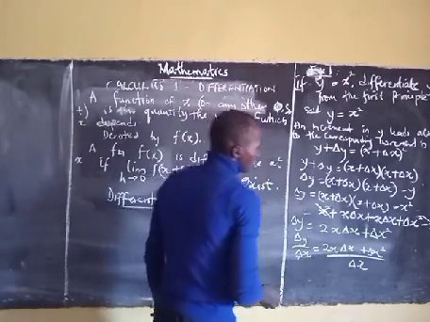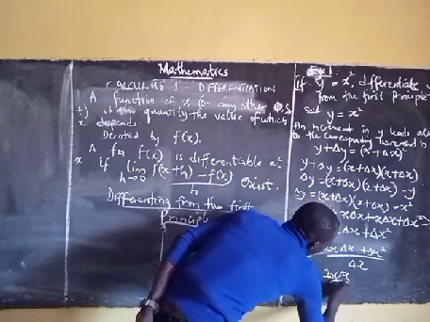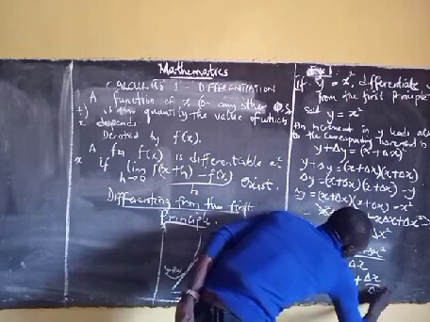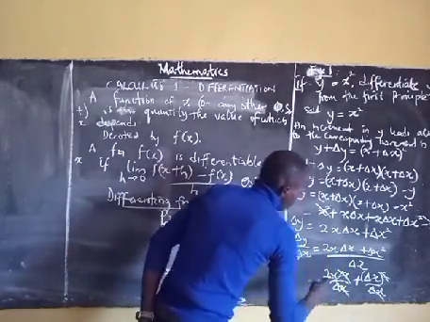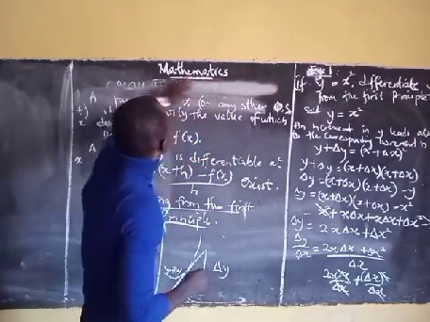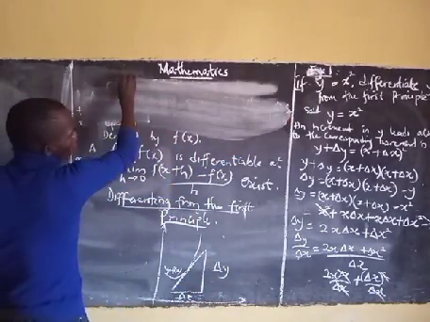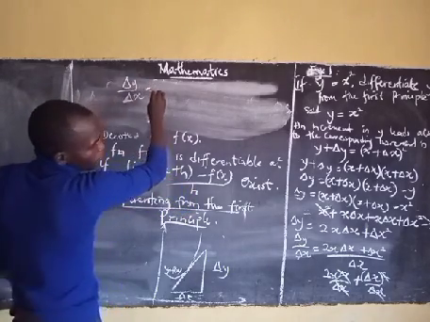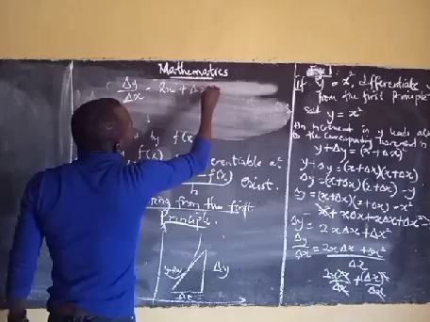Looking at it carefully, you can split it as 2x change in x divided by change in x plus change in x squared divided by change in x. So we have change in y divided by change in x equals 2x plus change in x.